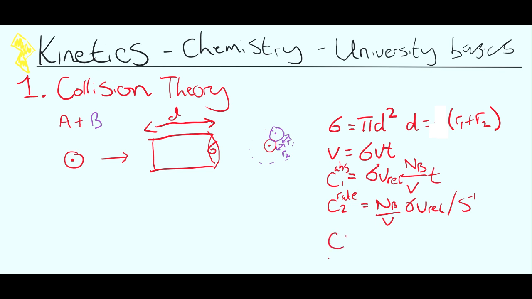So to find out the collision density, we simply multiply the collision rate by the concentration of atoms of A. So this gives us Na, Nb over V sigma Vrel. And this has units of collisions per meter cubed per second. So a density function.